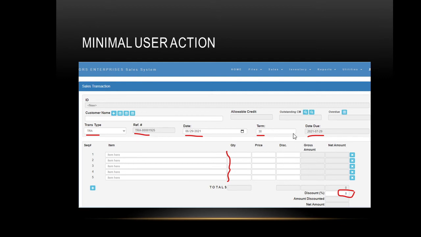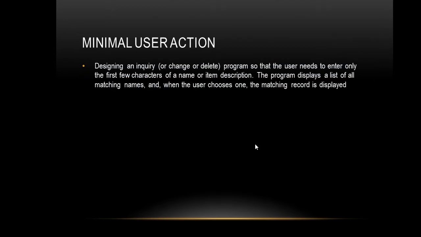So instead of the user typing for these values, designing an inquiry or change or delete program so that the user needs to enter only the first few characters of a name or item description. The program displays a list of all matching names, and when the user chooses one, the matching record is displayed.